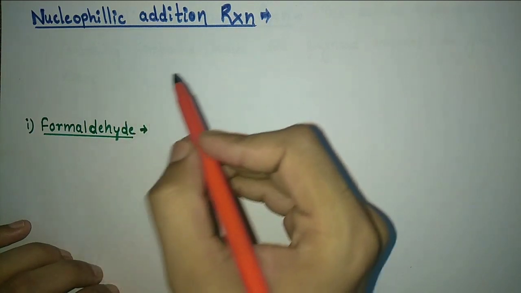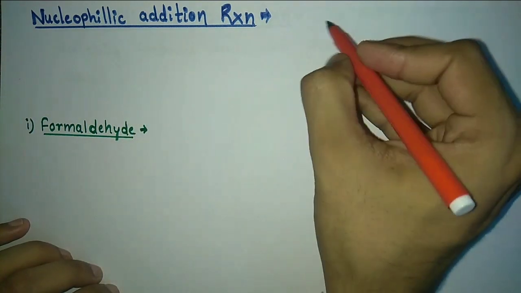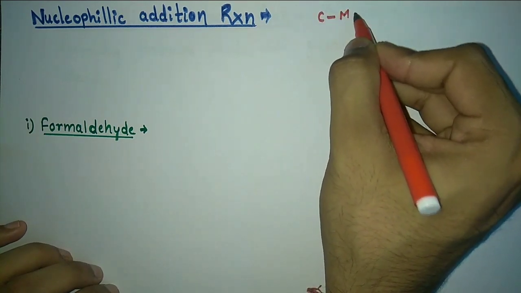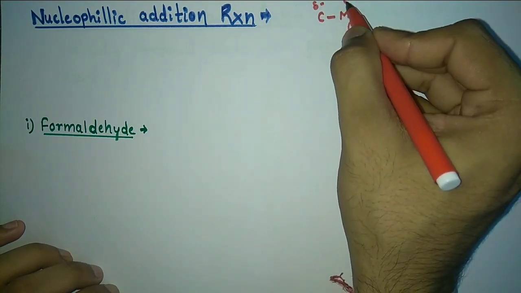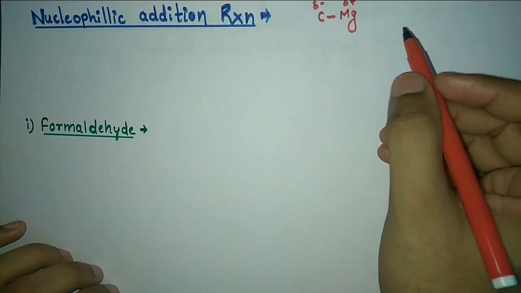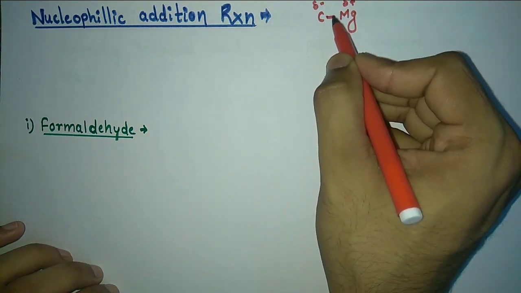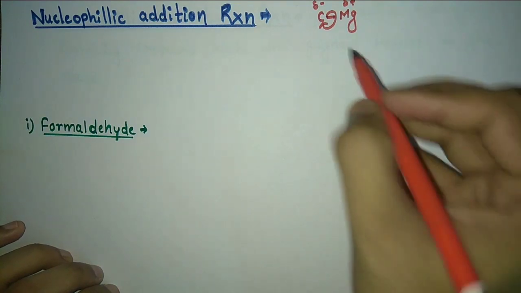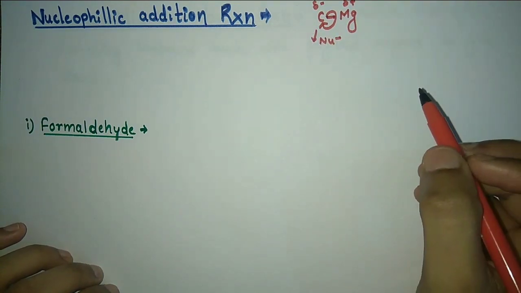Now let's talk about the nucleophilic addition reaction. I have told you that the bond between the carbon atom and the magnesium is polar, containing partial negative and partial positive charges. The bonding pair of electrons is pulled toward the carbon atom, and our carbon behaves like a nucleophile.